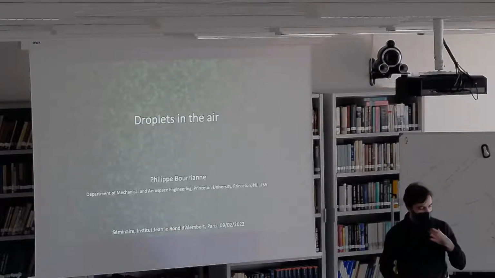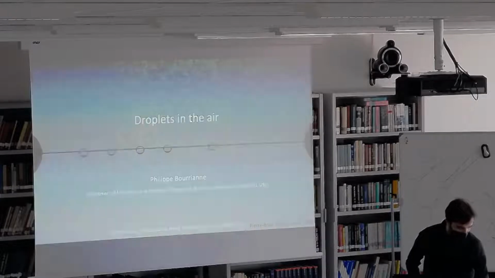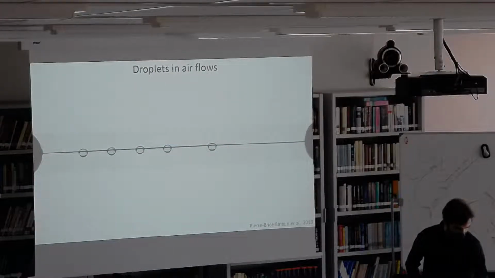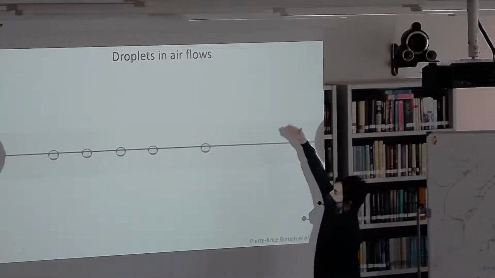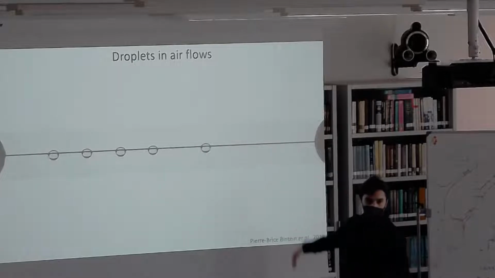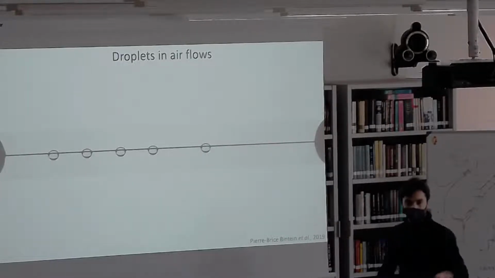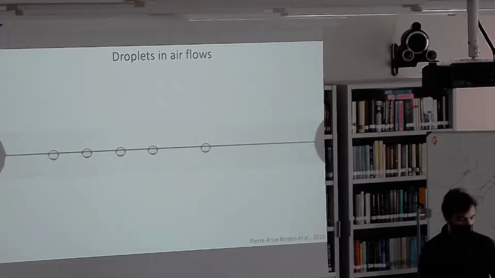And so one example of droplets in the air has been described recently in the PhD of Pierre-Brice Benten, where he's flowing some airflow from the top of that picture here on the side of a fiber on which he put some droplets on it.